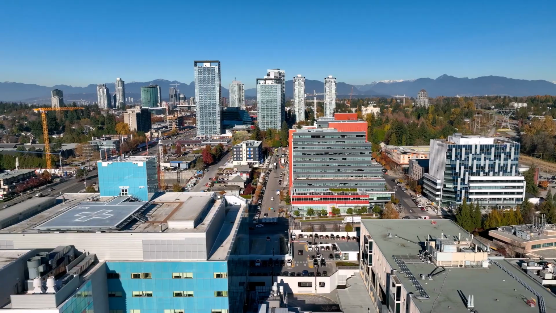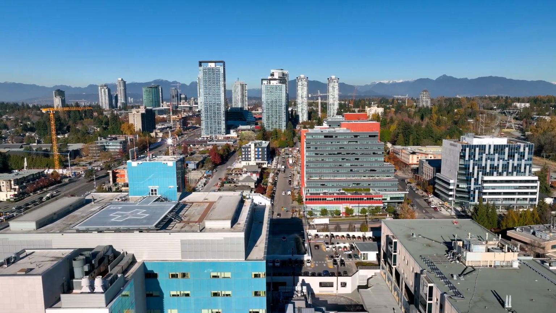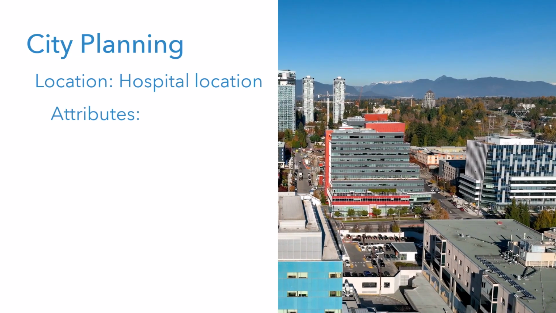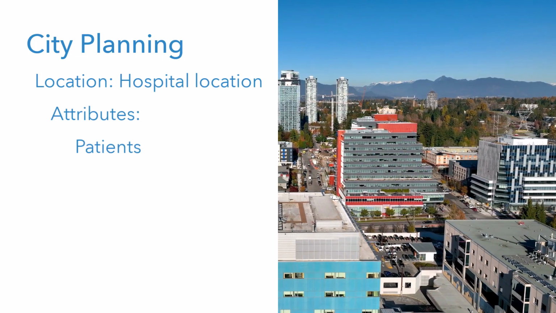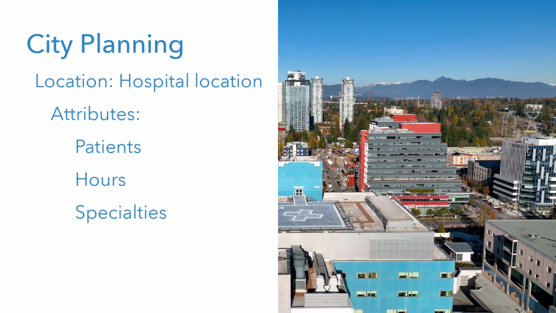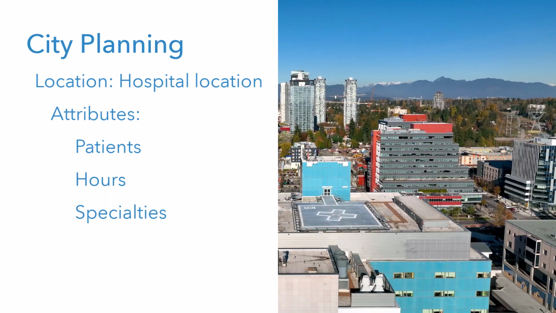In city planning, we could have map data that is hospital locations, and associated with the hospital location could be the number of patients that hospital can hold, the hours it's open, the specialties that can be accessed there.